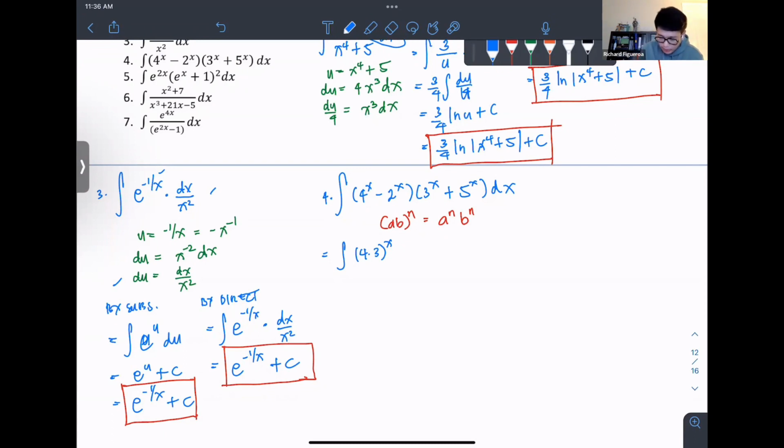And then the outer term, 4^x and 5^x. Both are positive, so positive (4 times 5)^x. And then the inner term, negative 2^x and 3^x, so we just have a negative (2 times 3)^x. And then the last term is negative 2^x and 5^x, so a negative (2 times 5)^x as well.